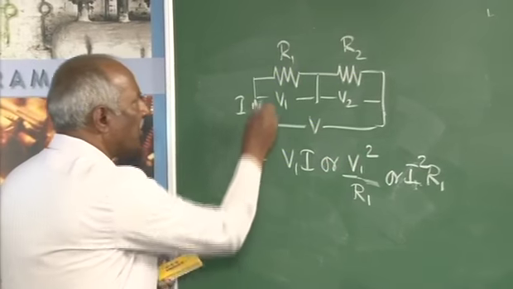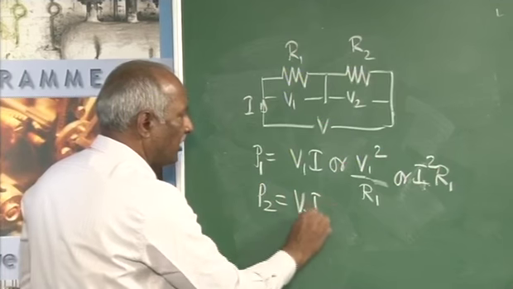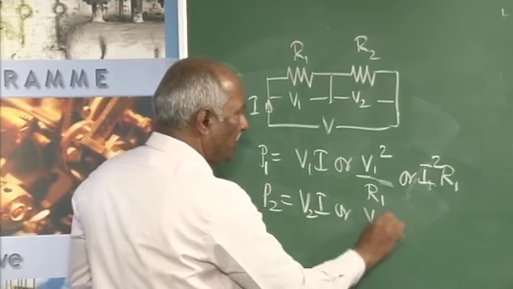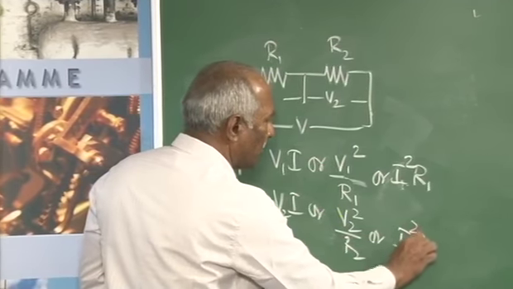Similarly, this is the power consumed by the other resistor. P2 can be taken as equal to V2 I, or V2 square by R2, or I square into R2.